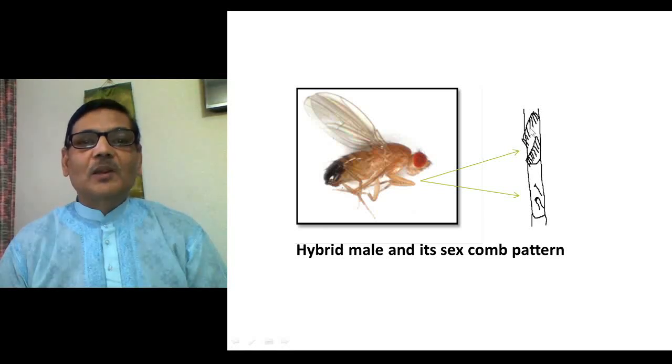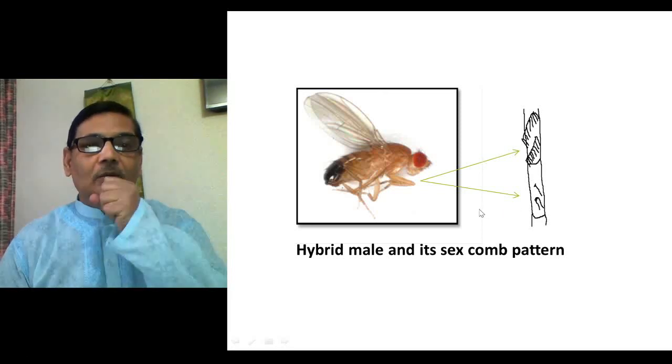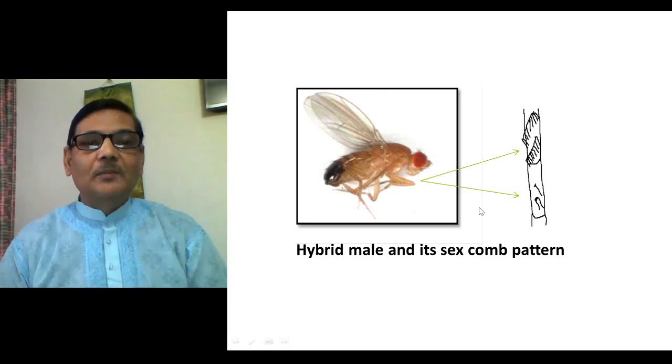Only thing is the number of hairs will be a little bit less, but in the second subsegment the sex comb pattern will be similar to the malerkotliana sex comb pattern, that is 1 followed by 2. So this way the hybrid males can be identified.